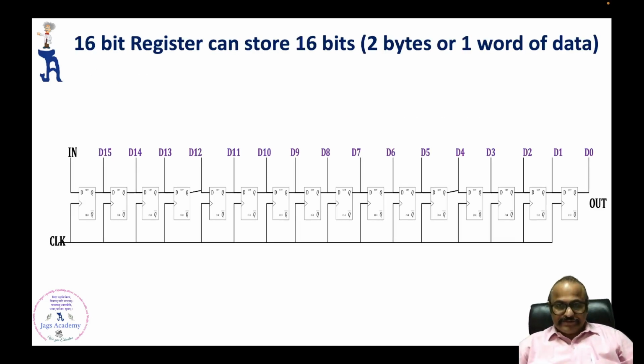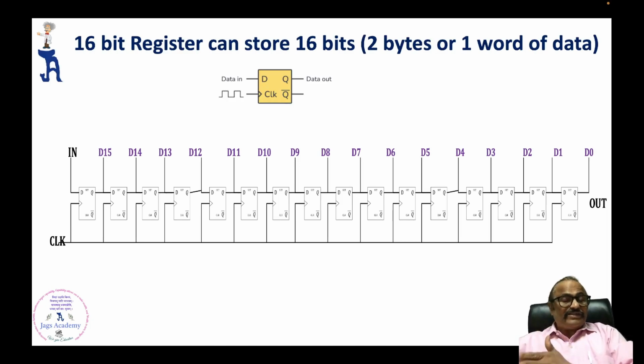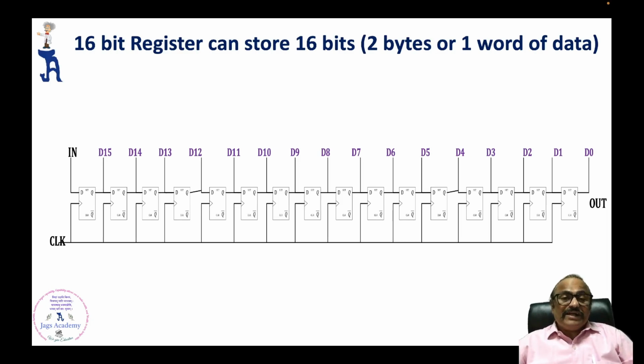What are registers? You all have studied D flip-flop in your digital electronics or digital design. If you put these D flip-flops in series or in cascade, depending on the number of bits, you get shift registers. Shift register is something you all have studied in your digital electronics or digital design.